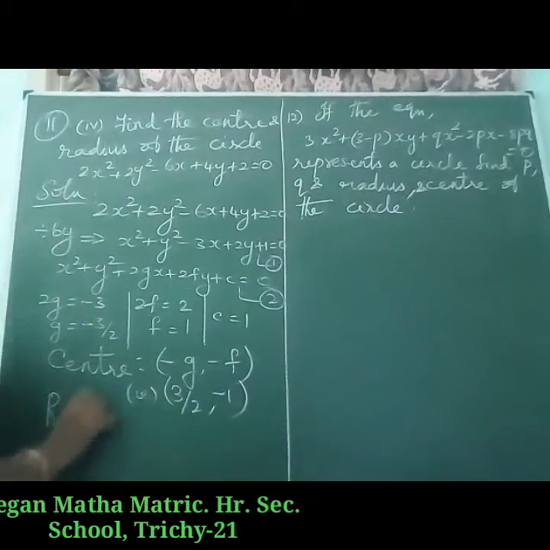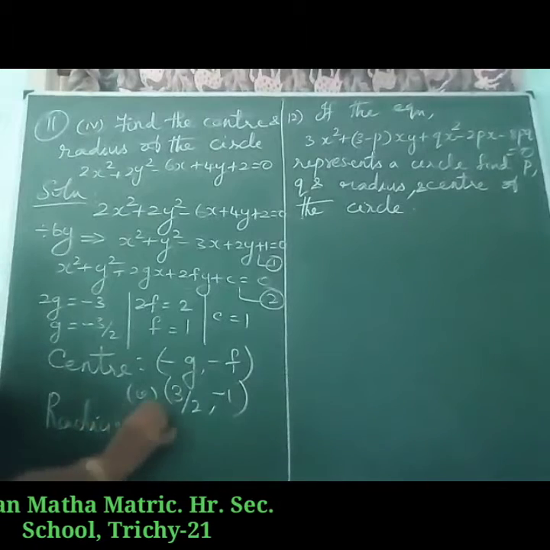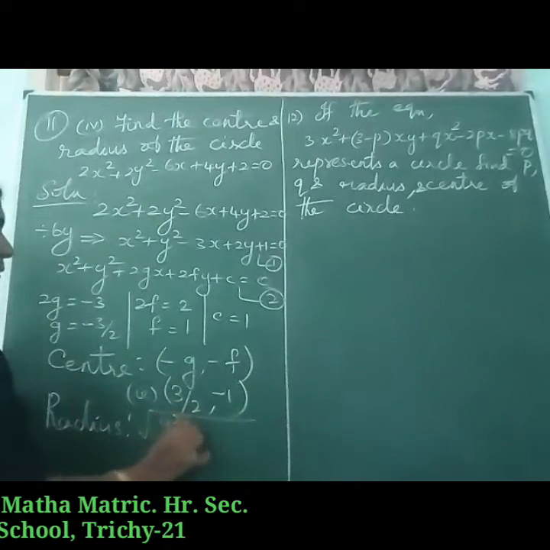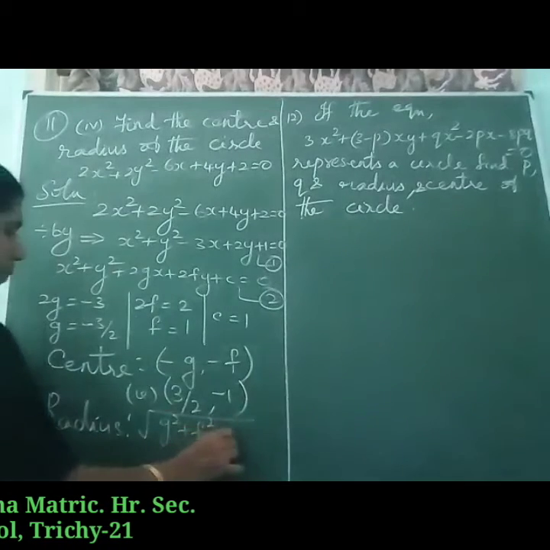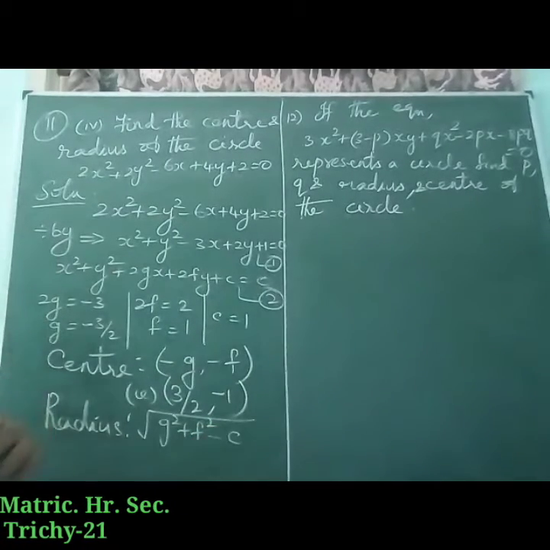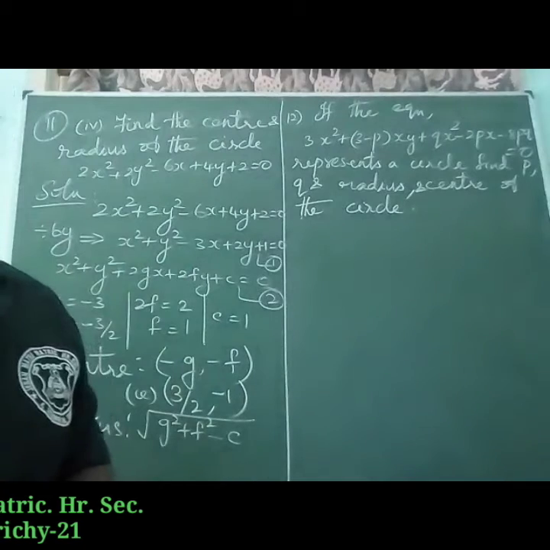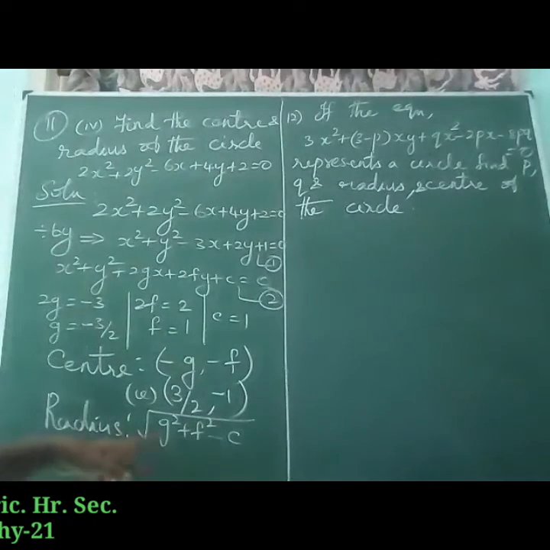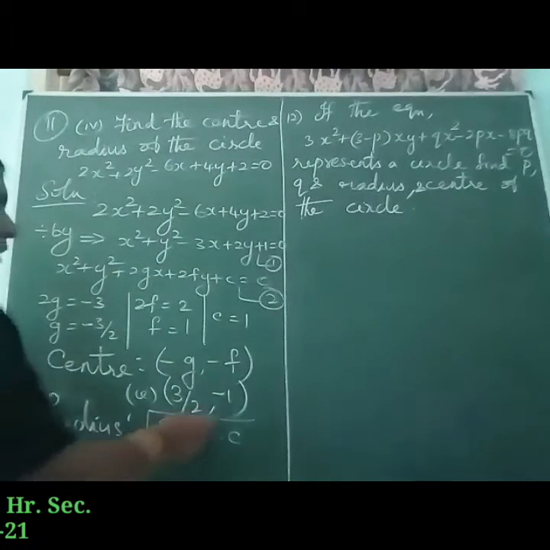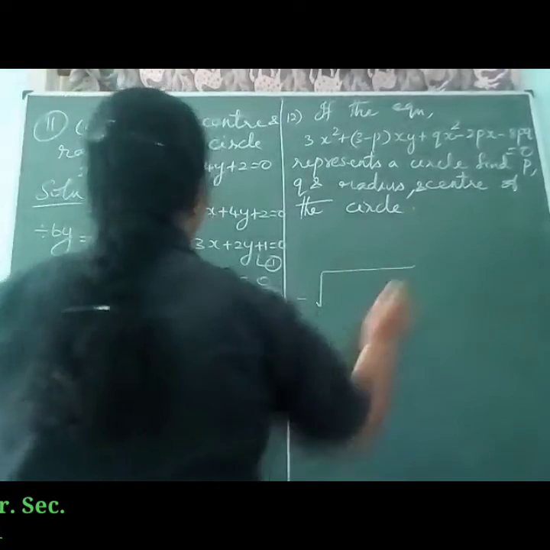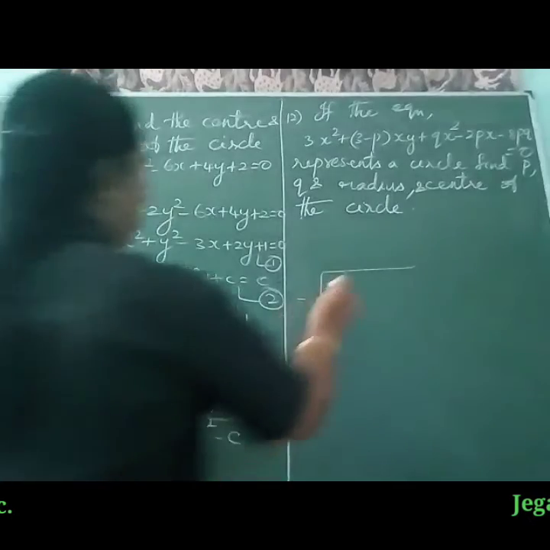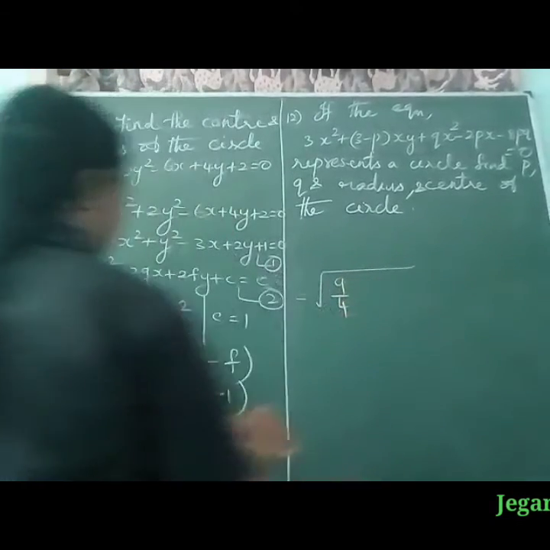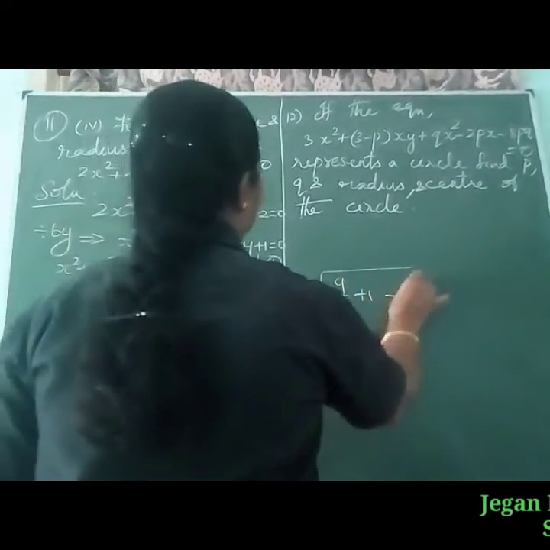Radius. The formula to find out the radius of the circle is square root of g square plus f square minus c. When you are substituting the values, square root of g square, 3 by 2 the whole square, 9 by 4, plus f square, 1, minus 1.